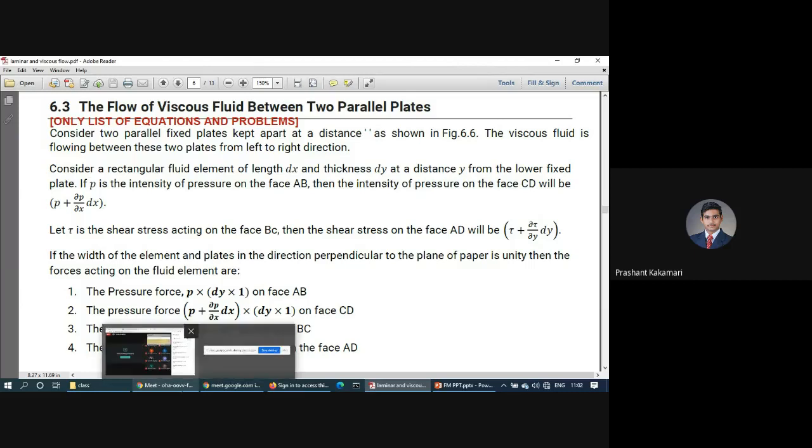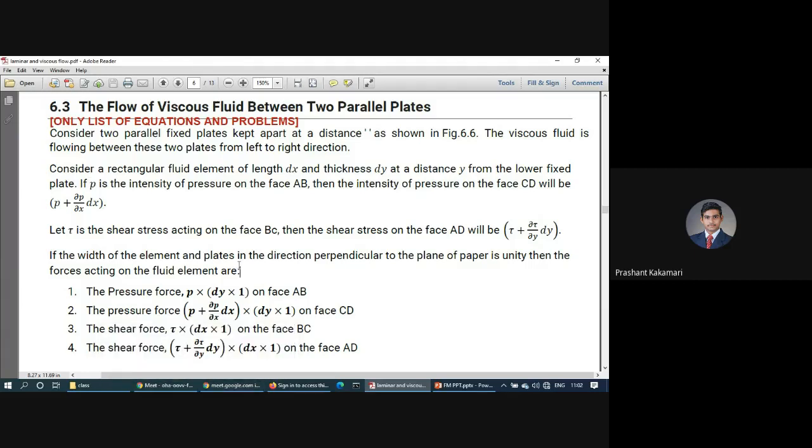Only numericals we need to discuss in this part. So I will just explain the equations and the derivation briefly, and you have to note down this list of equations to find the shear stress, pressure difference, or various velocities in the flow between two parallel plates in laminar conditions. Is that clear?